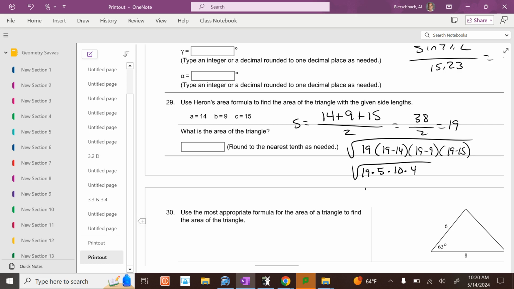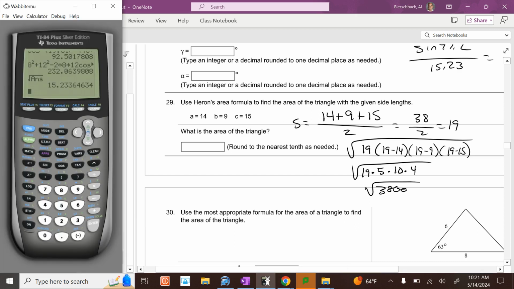That's 200. So that's the square root of 3,800, right? Yep. So square root of 3,800 is 61.64.